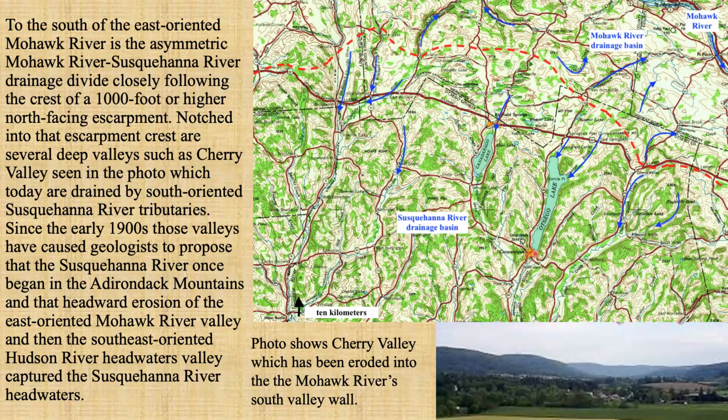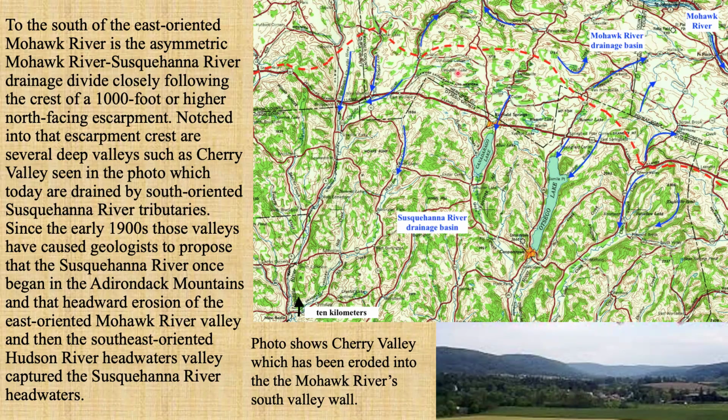The Mohawk River, you can see it in the northeast corner of the map here. And we're looking at a contour map. Again, this is an older contour map, and the contour lines are in feet, and it's a 100-foot contour line, if you're wondering about that.